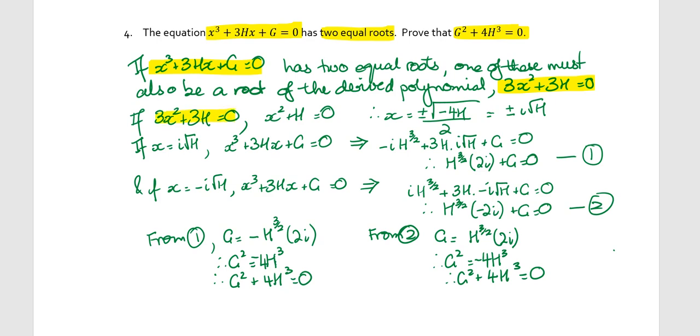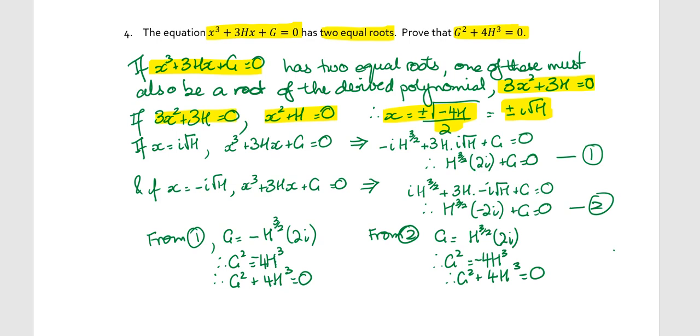So if 3x squared plus 3h equals 0, that implies that x squared plus h equals 0, and x equals, whether you use the quadratic formula or you just shift that across and use complex numbers, x equals plus or minus root h.